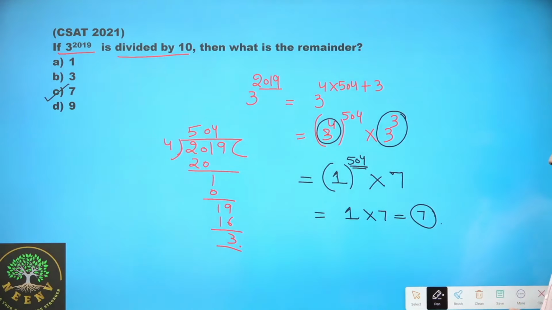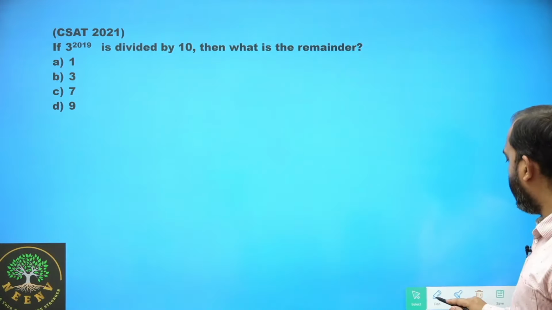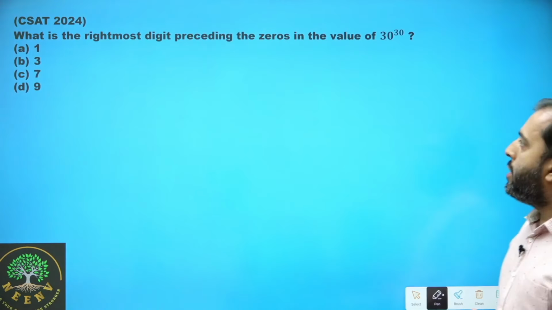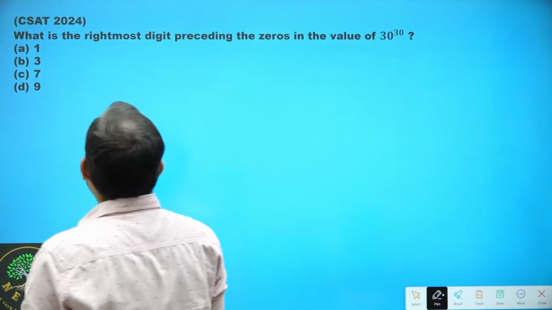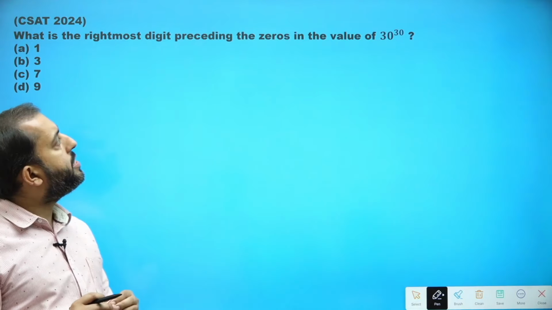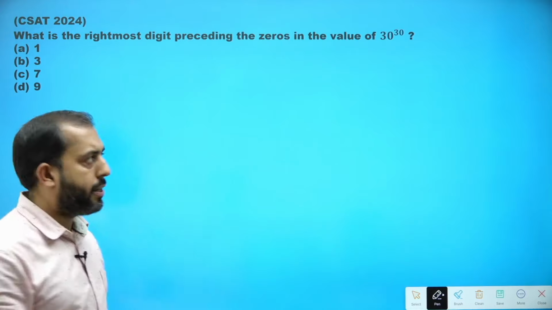Now let's solve one more similar problem based upon unit digit. In this question, the examiner is looking for the rightmost digit preceding the zeros in the value of 30 power 30.